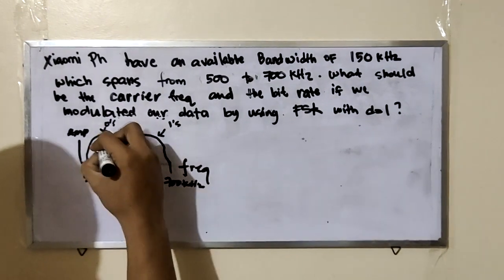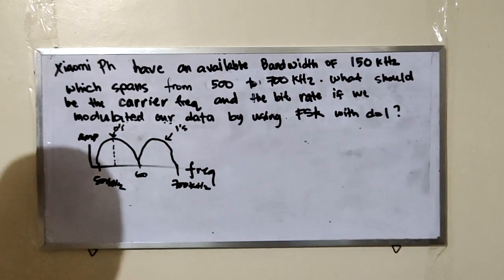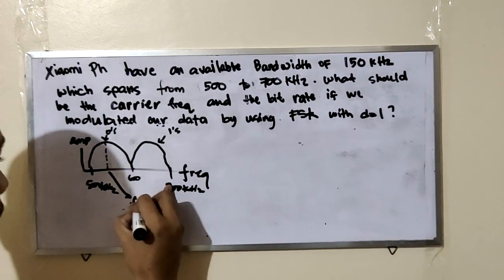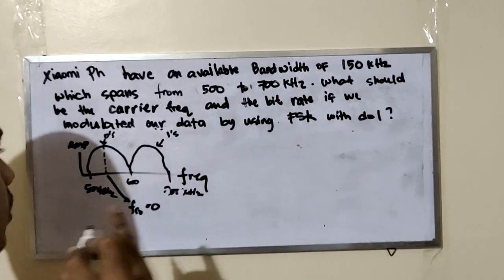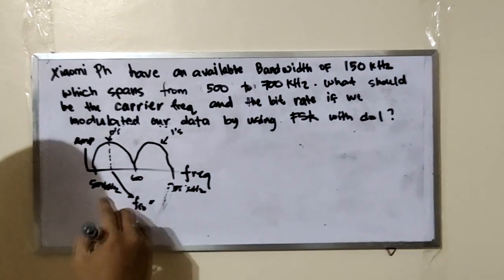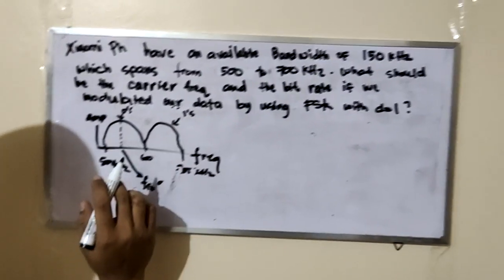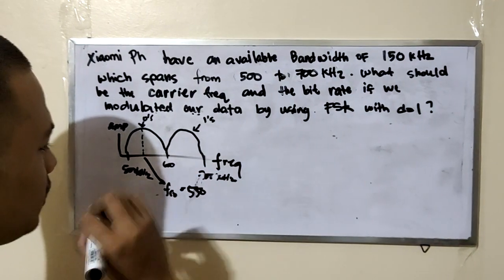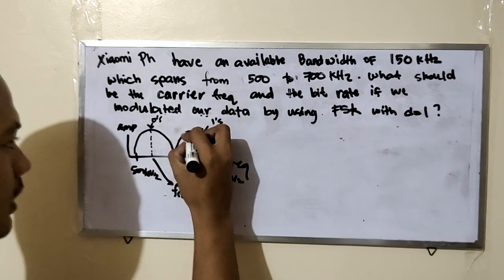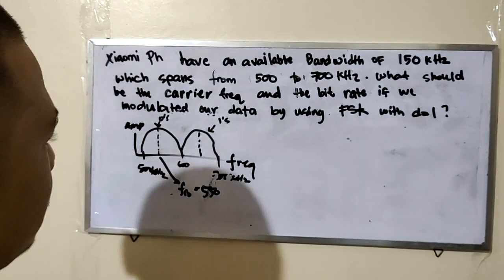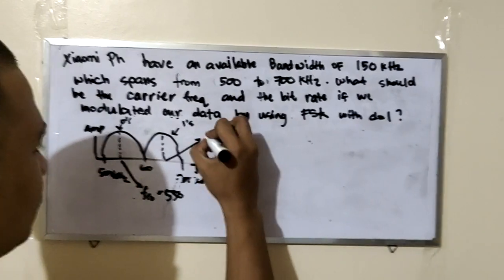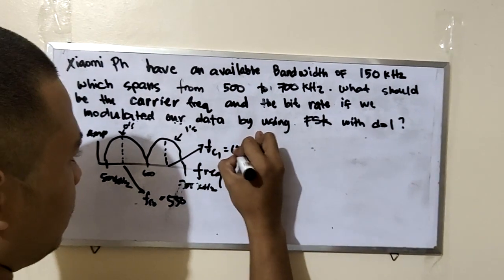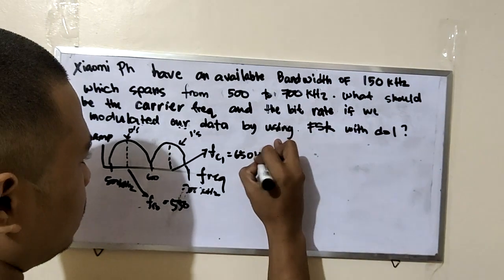So if we bisect it, this represents FC0 equals to 550 kilohertz, and this represents FC1 equals to 650 kilohertz.